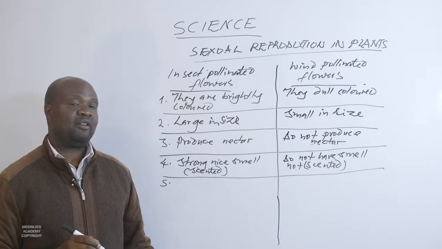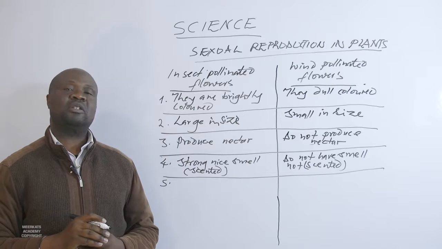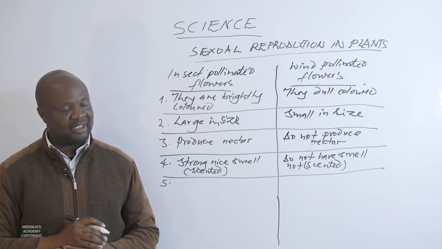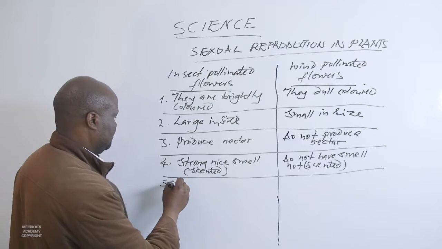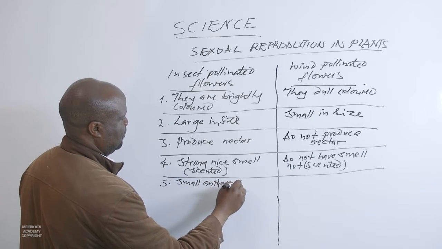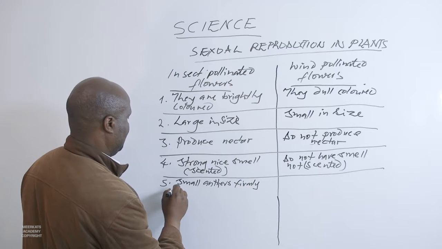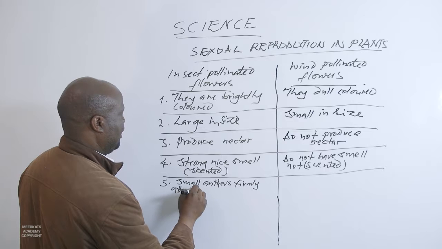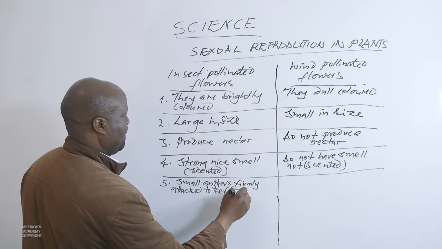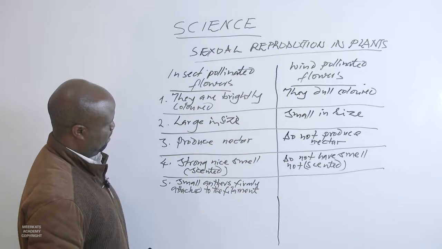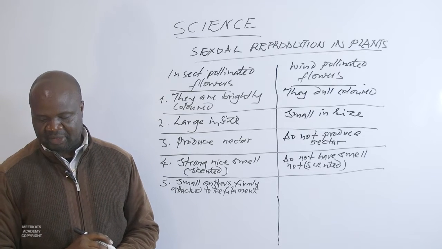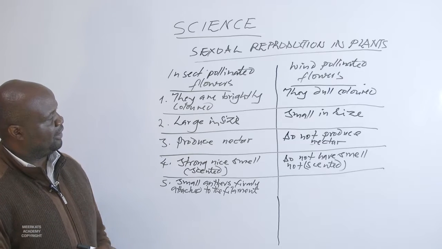Then we can advance to the fifth characteristic. Insect-pollinated flowers have small anthers firmly attached to the filament. And then wind-pollinated flowers have large anthers loosely attached to the filament.